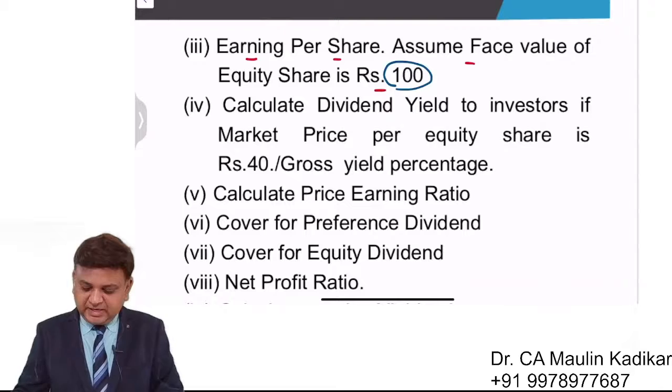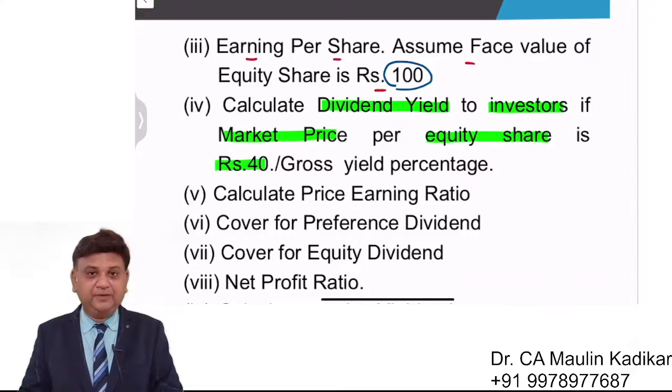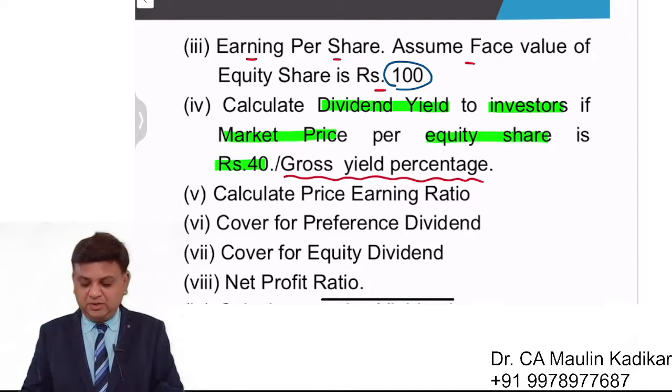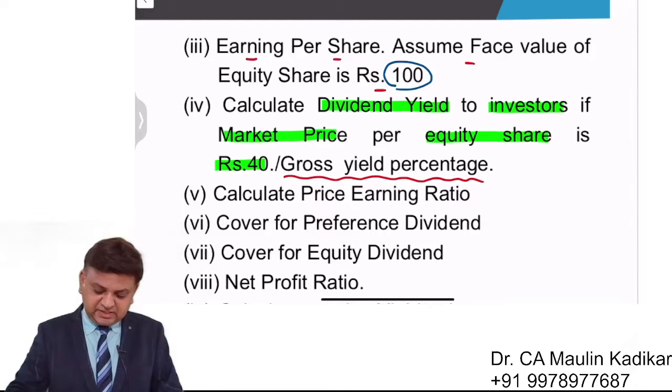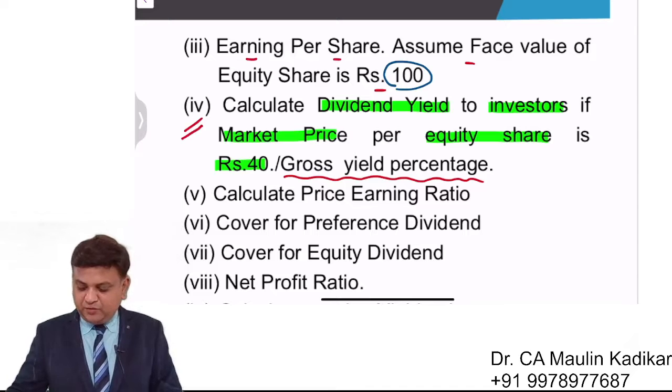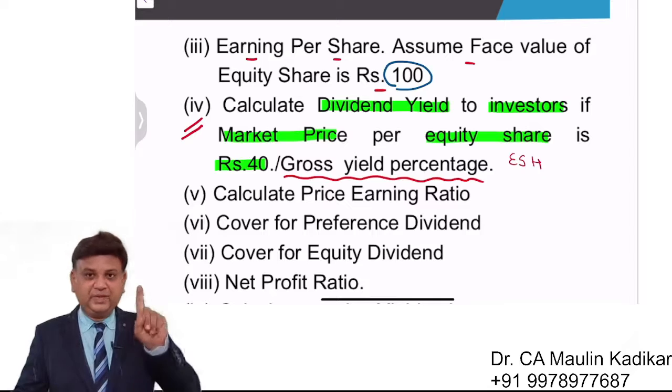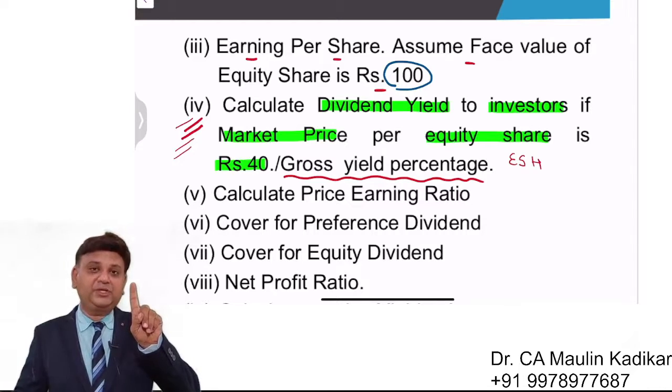Next, calculate dividend yield to investor if the market price per equity share is rupees 40. This is also given a name as gross yield percentage. Over here, you have to understand that this answer is required to be computed from the equity shareholder point of view.